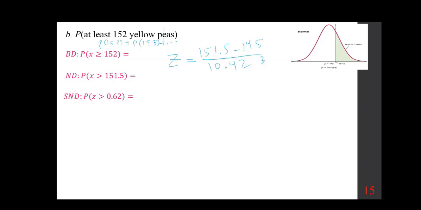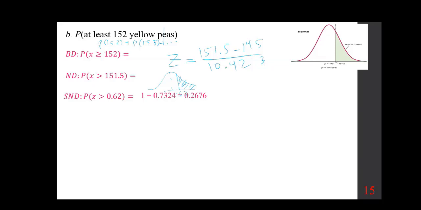And again, I would have gone with the graph of the z-score. So larger than 0.62, something like that. This is a z-score of 0.62. Looking it up from the table, we end up with 26.76%. So 1 minus 0.7324.